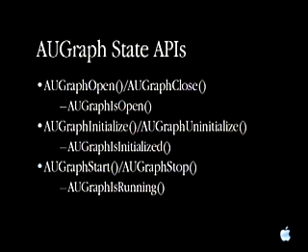When you call AUGraphOpen, it actually opens all of the audio units represented by the nodes in the graph. And close closes all the audio units. And correspondingly, initialize and uninitialize call the audio unit functions. And start and stop, same thing. In addition, there are introspection APIs: AUGraphIsOpen, IsInitialized, IsRunning. So you can determine what state the graph is in.